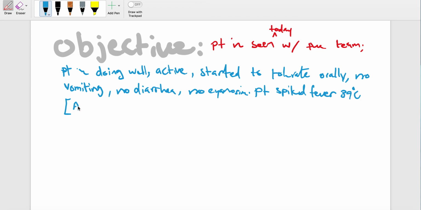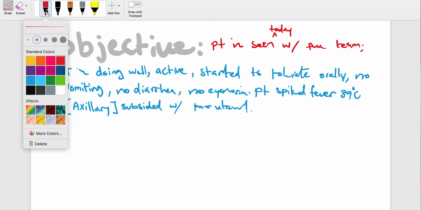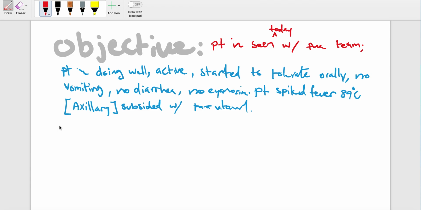In our case, let's say axillary, and then you can say subsided with paracetamol. Okay, this is the first part, and then we can move to the second common word.